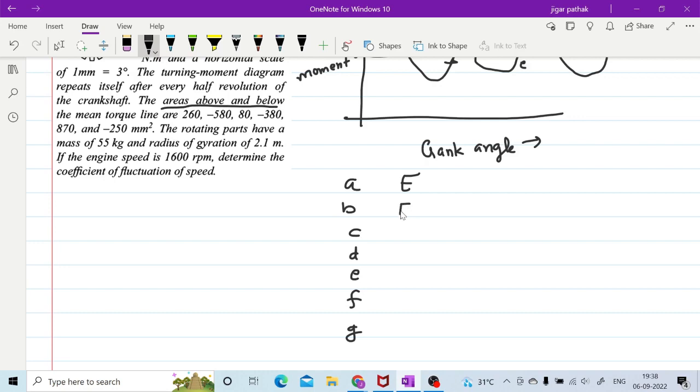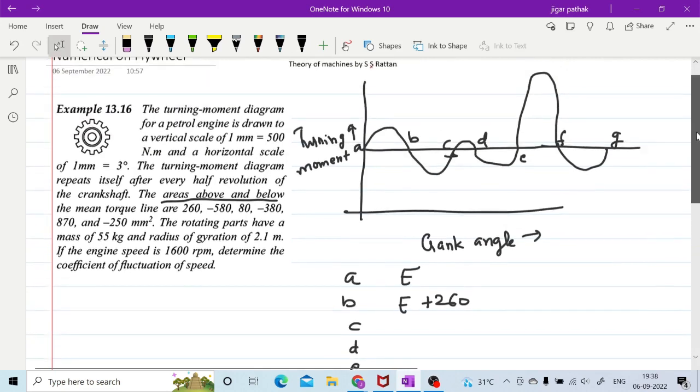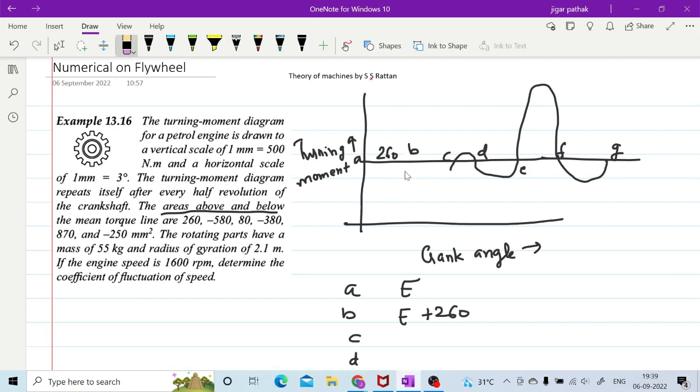So areas above is given as 260. Here in your turning moment diagram, this area is 260, this area is 580, right?